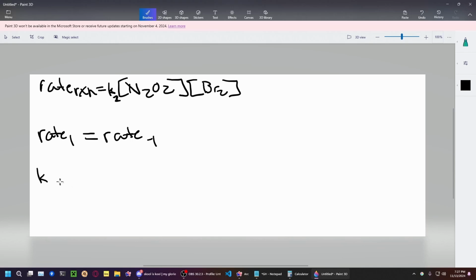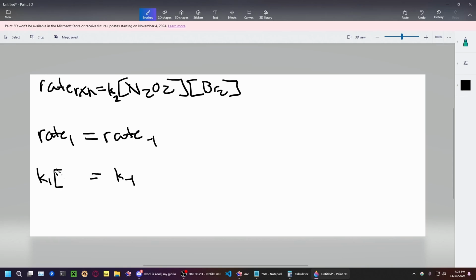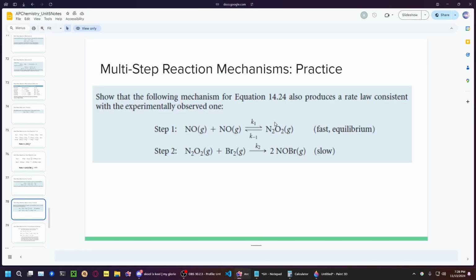So I'm going to identify my rate constant for my first rate as K1, for my second rate as K -1, inverse 1 or -1. So for my first one, since I have two NO molecules going and creating an N2O2, it'll just be K1 times NO squared. Whenever it goes backwards, it'll just be K -1 N2O2, and there's no exponent here as it's a unimolecular reaction.